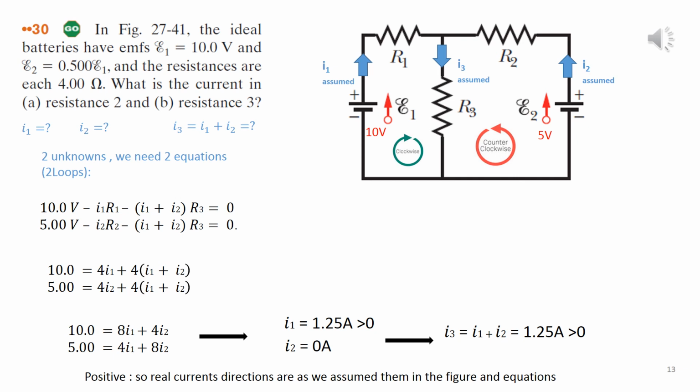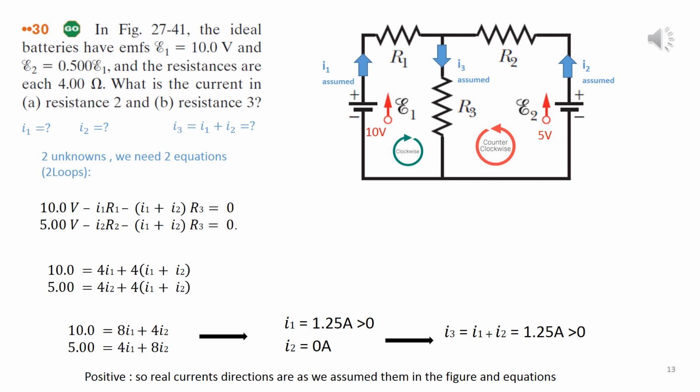And then you apply the loops. For example, on the left loop, you have an EMF1 going with the loop, so plus, minus R1 I1 and minus R3 I3. Again, on the right loop, you have EMF2 going with the loop, so you put plus E2. The current is going with the loop, so you put minus R2 I2 and minus R3 I3.